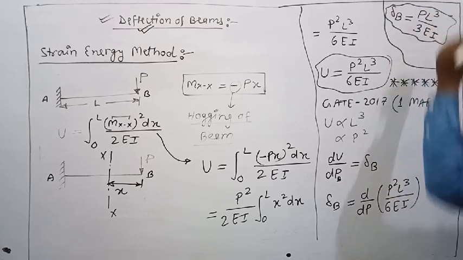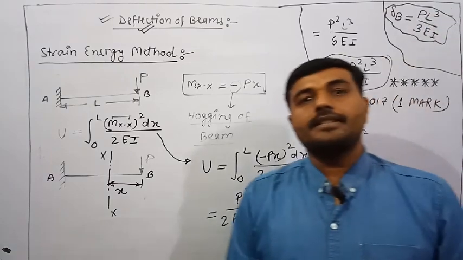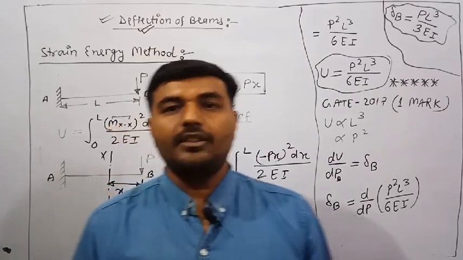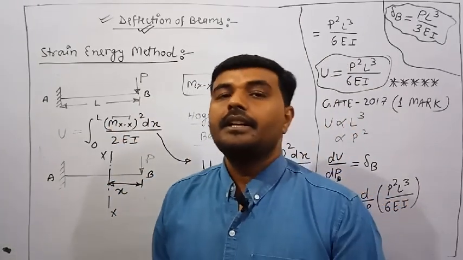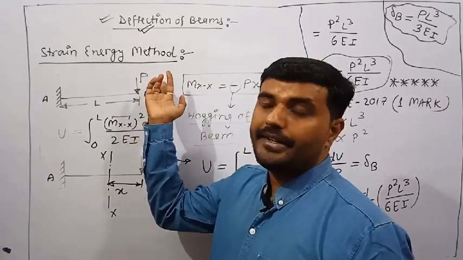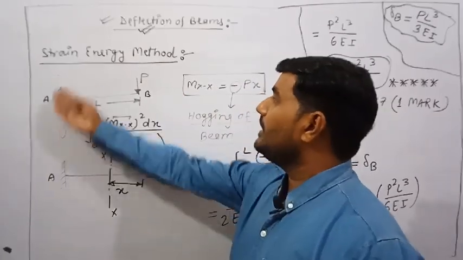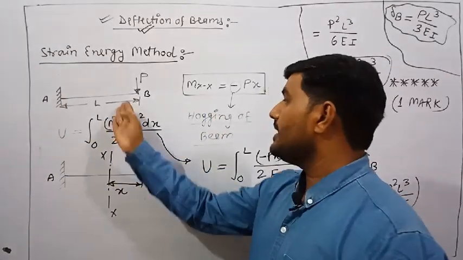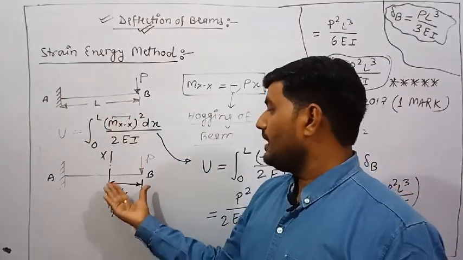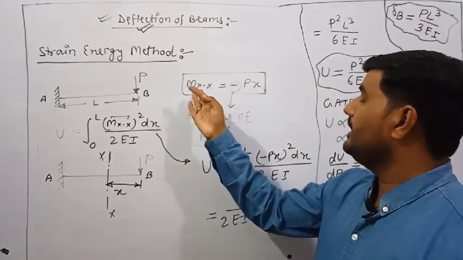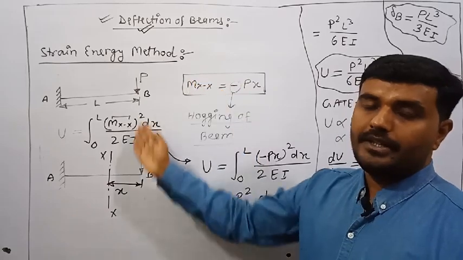PL cube upon 3EI. So students, this is the deflection of a cantilever beam subjected to a point load at its free end, under the action of the point load, using the strain energy method. First we considered a section at a distance x from the free end. Then we calculated the moment corresponding to section x.